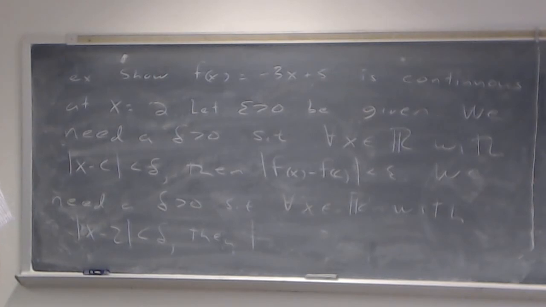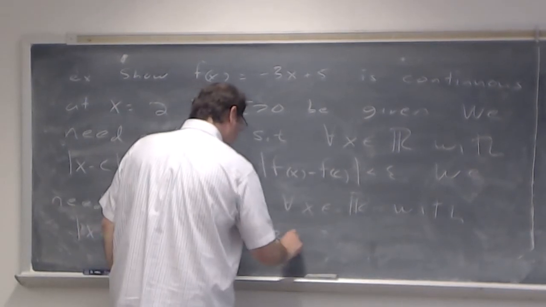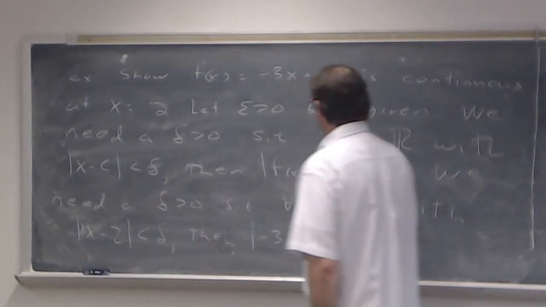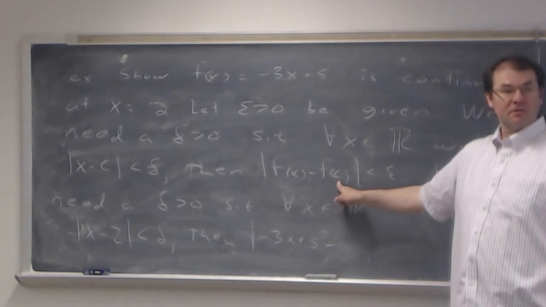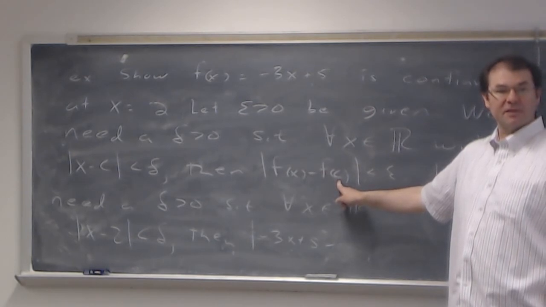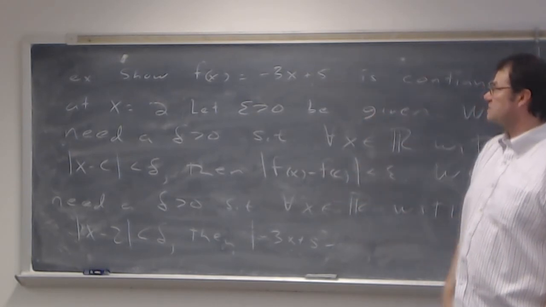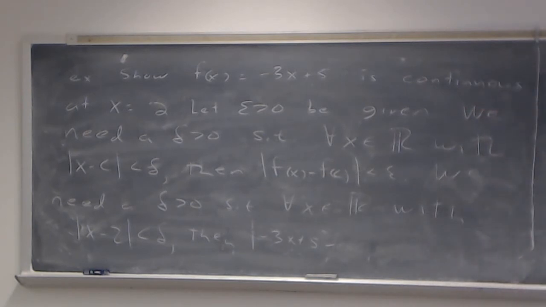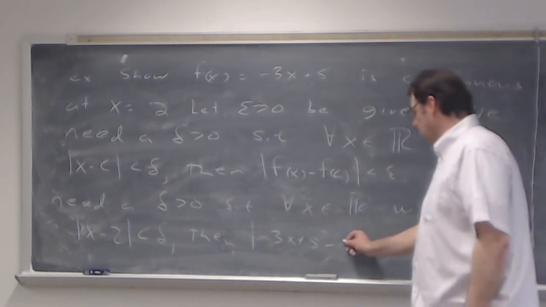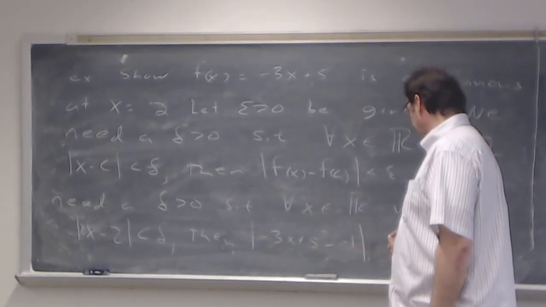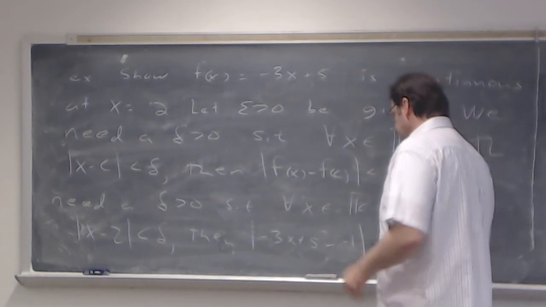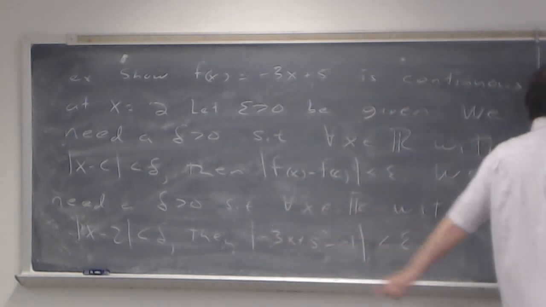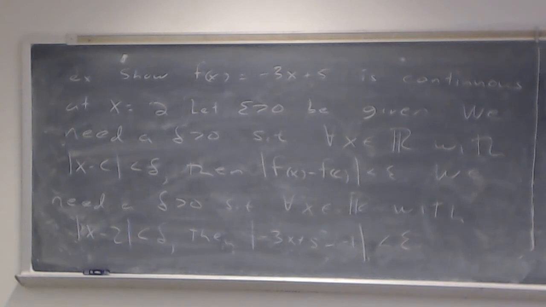Minus 3x plus 5, minus f of c. Well, that's going to be f of 2. So I need to know what f of 2 is. By sticking 2 for x, it's minus 3 times 2. That's minus 6 plus 5. I think that's minus 1. Okay, it's less than epsilon. So this is what we want to have happen. We want the output values to be within epsilon distance of minus 1, because that's what f of 2 is. It's minus 1.